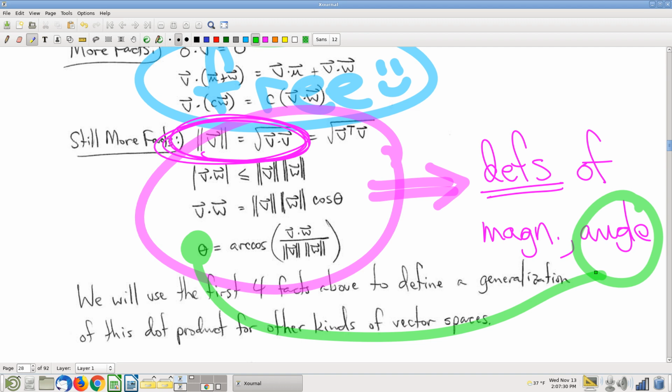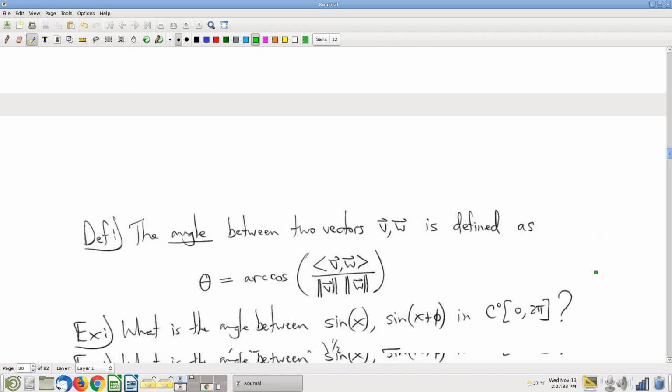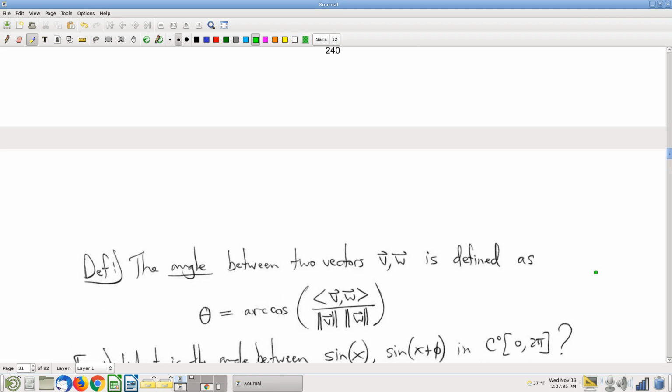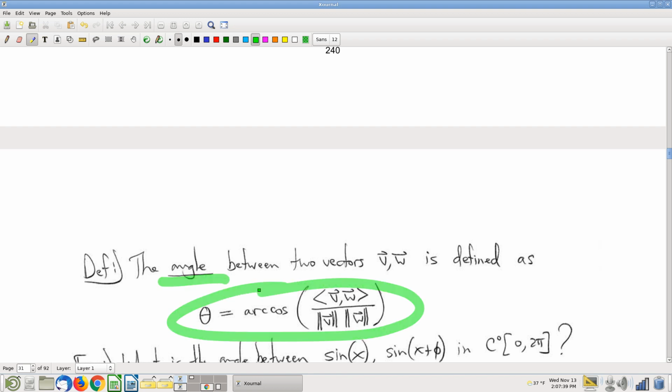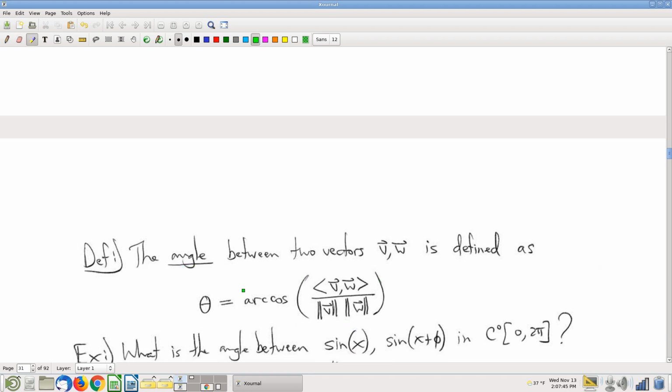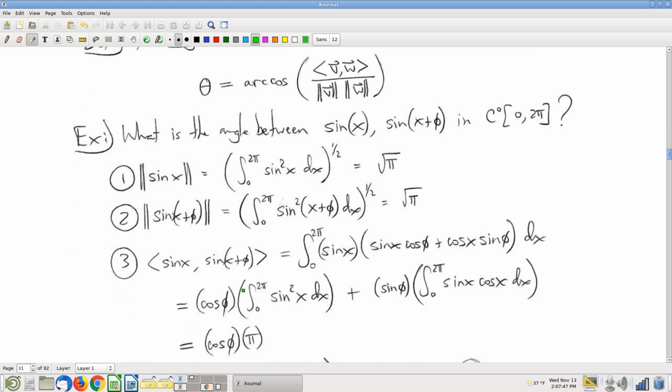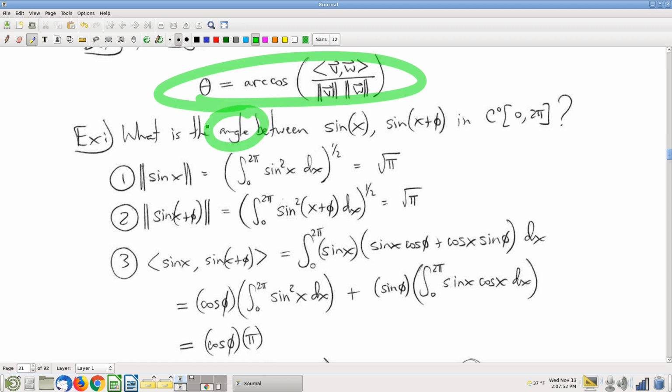All right. So let's see an example of that. Here it is. Here's that formula, by the way, the angle between two vectors. Is that? And I'm going to punch one up just to get our hands dirty, see what this looks like. So let's find the angle, theta, between these two vectors, sine x, which is going to go there, and cosine x.